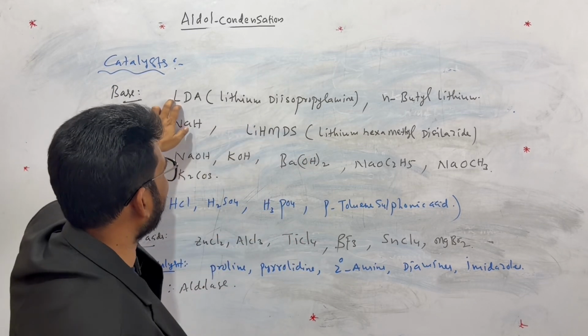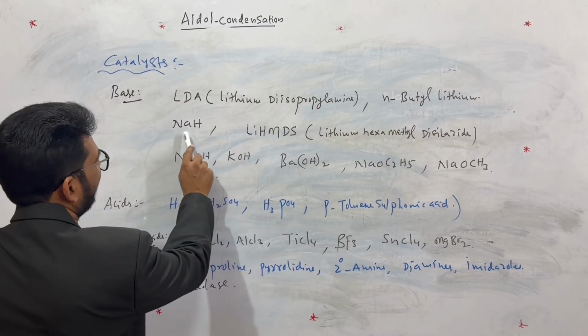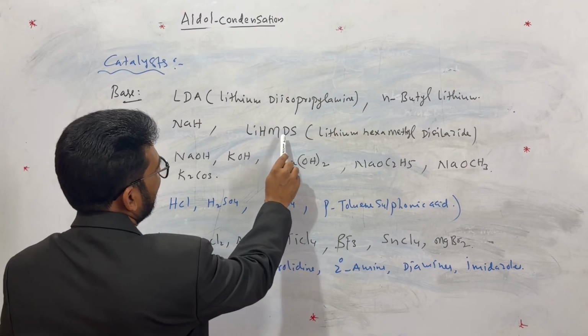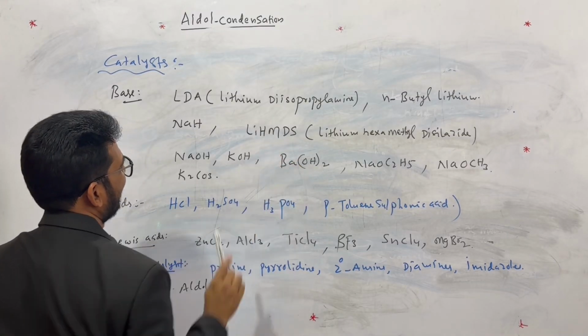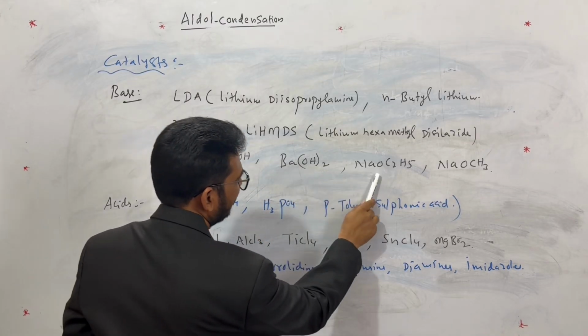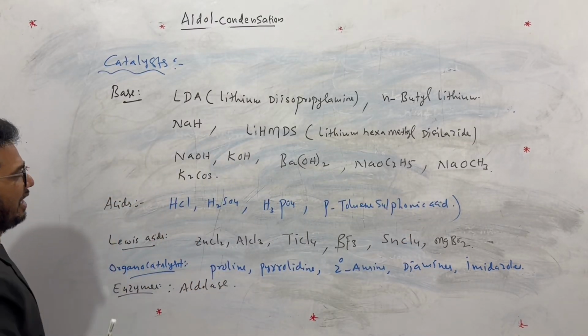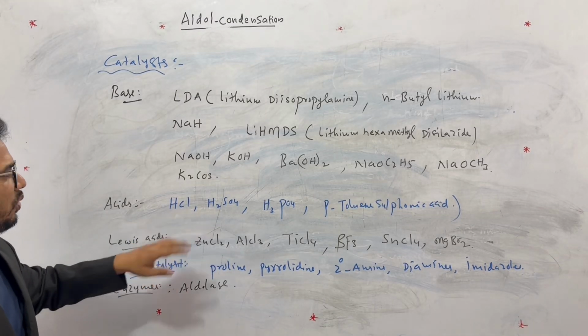What are they? LDA, lithium diisopropylamide, n-butyllithium, sodium hydride, lithium hexamethyldisilazide, sodium hydroxide, potassium hydroxide, barium hydroxide, sodium methoxide, potassium carbonate. Then acids are also used.